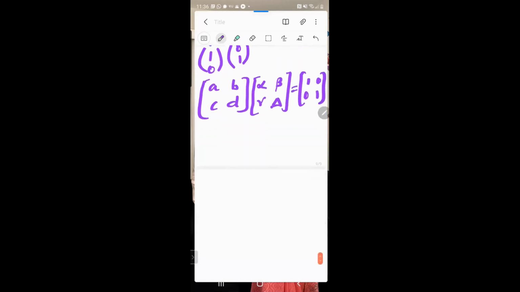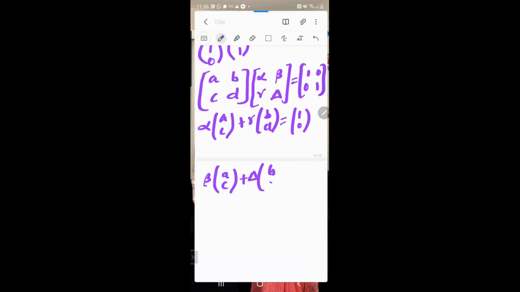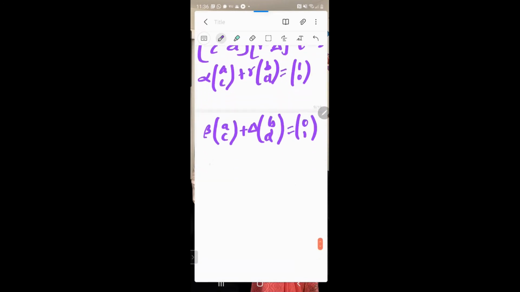Okay, you can try this by yourself, but it is simply alpha times AC plus gamma times BD equal to 1, 0, and beta times AC plus delta times BD equal to 0, 1, right? So that's alpha A plus gamma B equal to 1 and alpha C plus gamma D equal to 0.